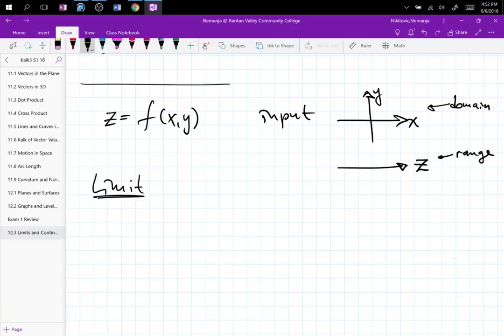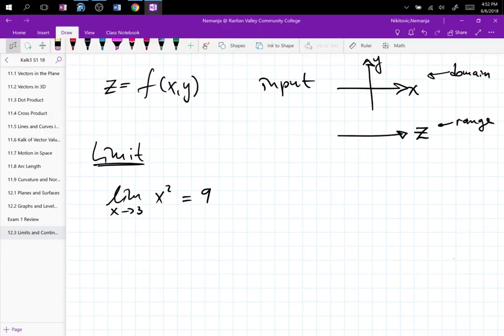So for the limit, we are technically computing the y value of the expression. So if I am to say that the limit of x squared as x goes to 3 is 9, well, that's what it is. It's correct, right? And actually the y is the answer when you plug in 3 into this function.